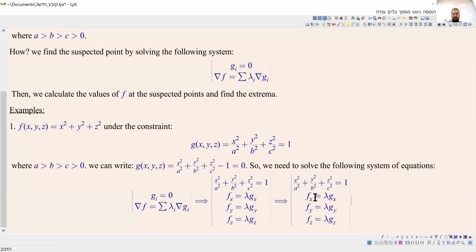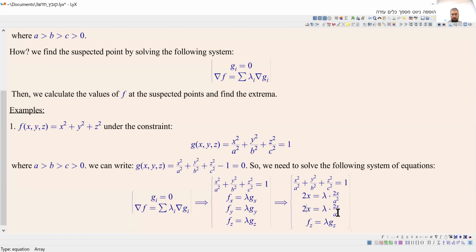The derivative of f by x is 2x, and of g by x is 2x over a squared, and it is similar for the other variables, just y with b, and z with c.